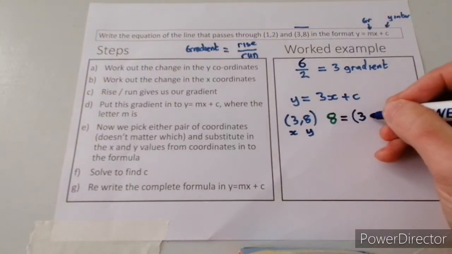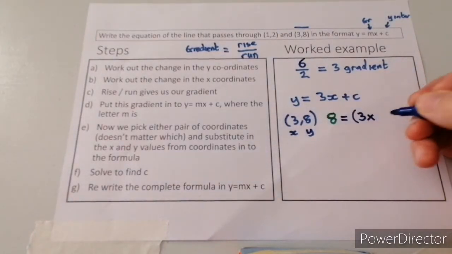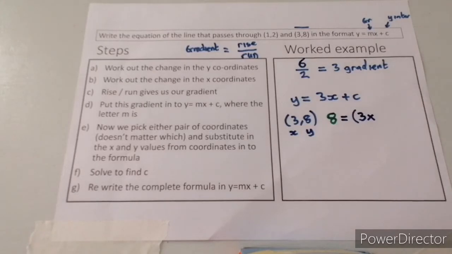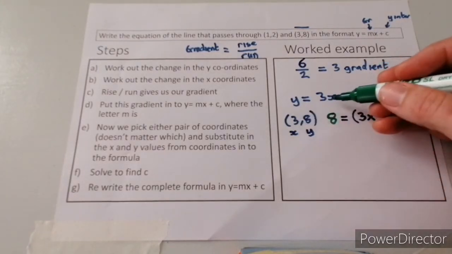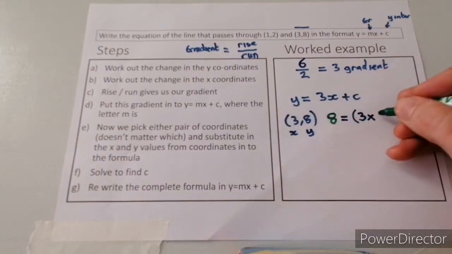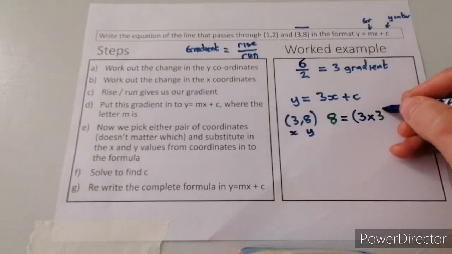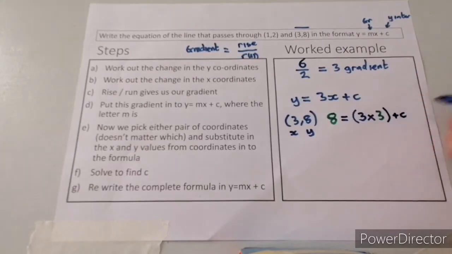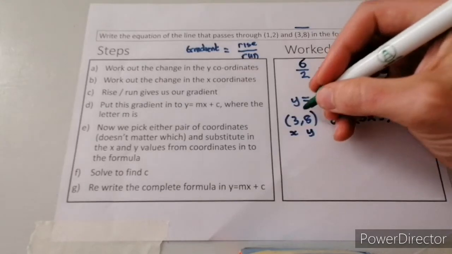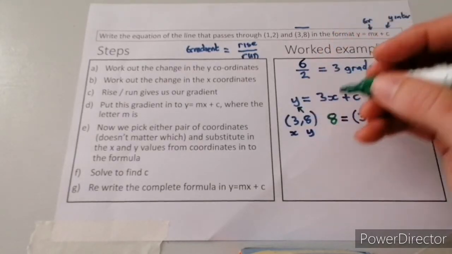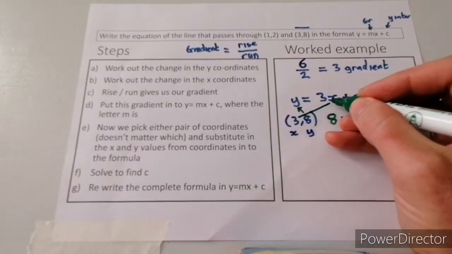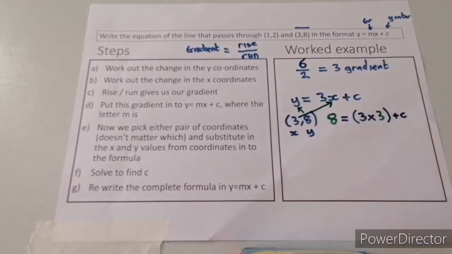We know the gradient is 3, and it should be 3 times x, but we're going to use 3 times, and here our x coordinate is 3, plus c. So what we've done is we've put our y coordinate where y goes in the formula, and we've put our x where our x coordinate goes in. So what we're doing is we're substituting numbers.